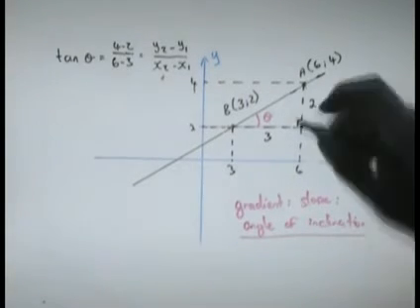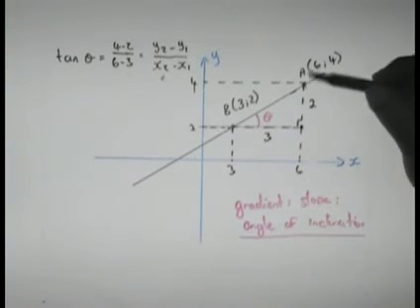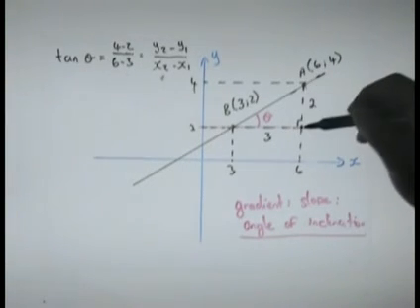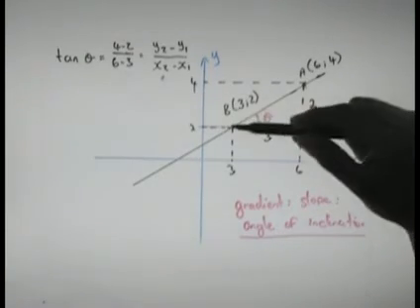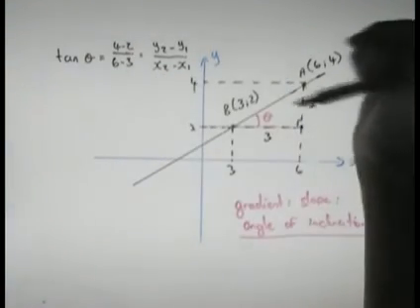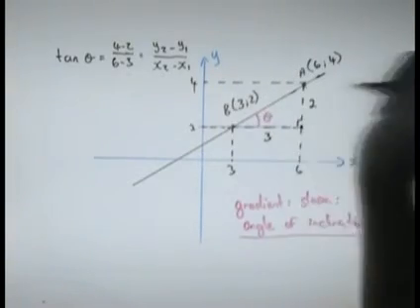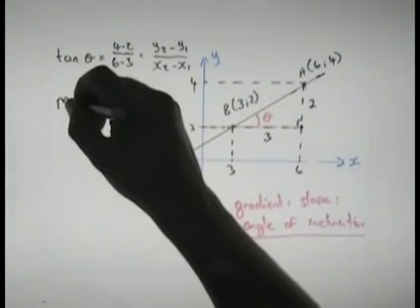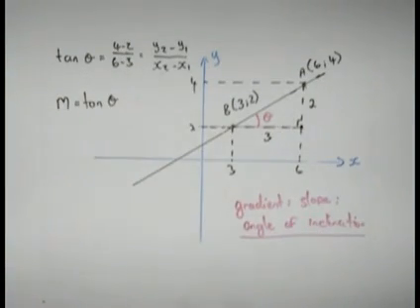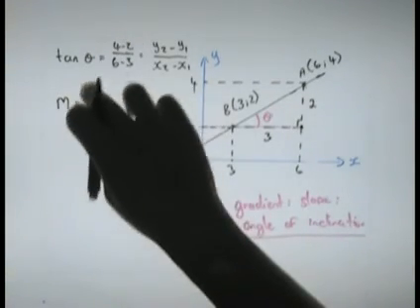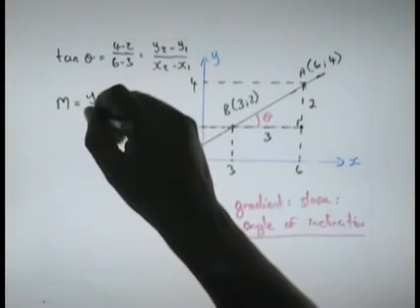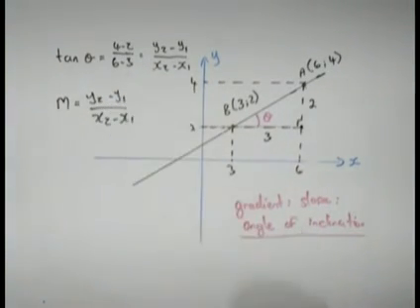So that means that tan of theta is equal to change in y over change in x, or rather y2 minus y1 over x2 minus x1. That, ladies and gentlemen, is exactly what the gradient is. Gradient m is equal to tan of theta. But instead of saying tan of theta, we've seen that tan of theta is y2 minus y1 over x2 minus x1.